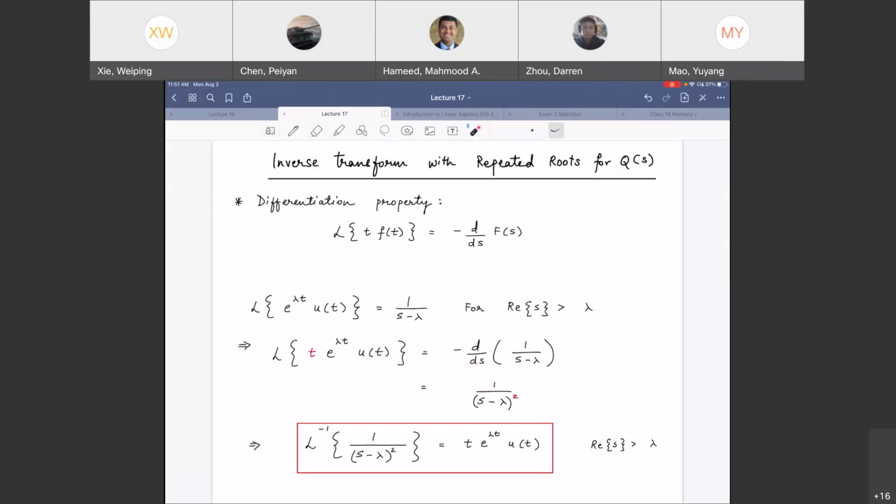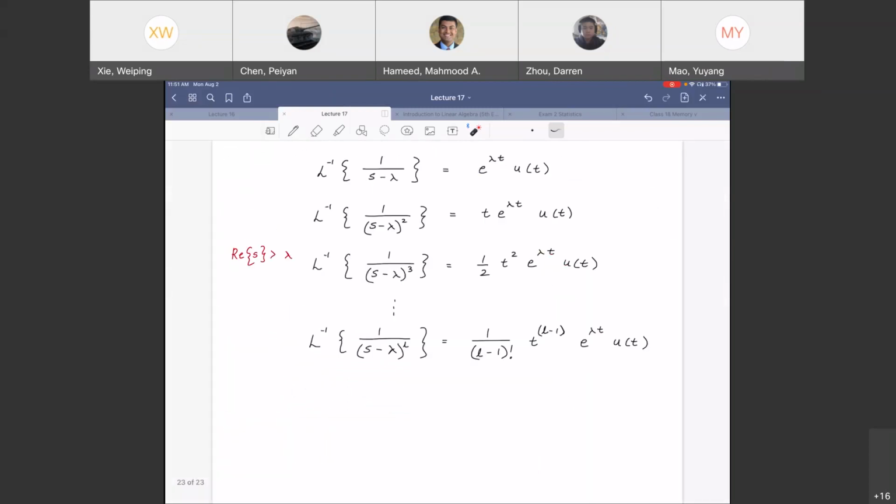All right. Now, if you differentiate once, you got a t in there, you can carry it out multiple times, right? So inverse Laplace transform of 1 over s minus lambda was e to the lambda t u of t. When you went for square, you got t e to the lambda t u of t. When you go for cubed, you get 1/2 t squared e to the lambda t u of t.